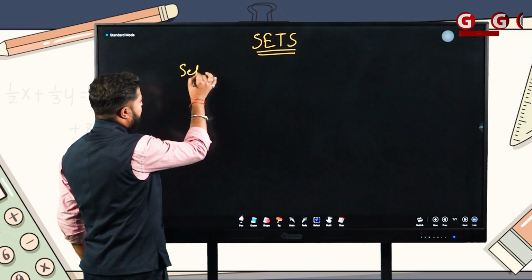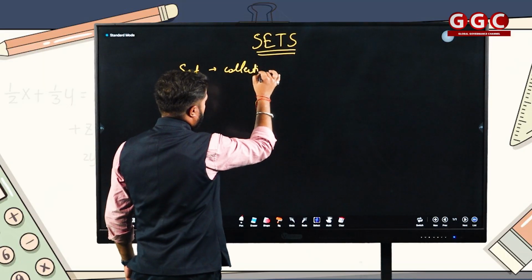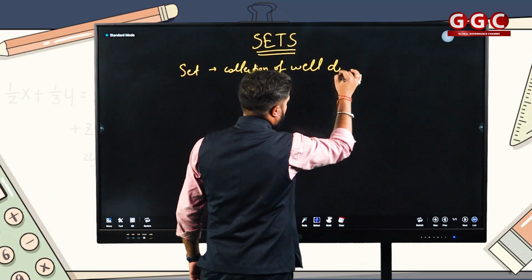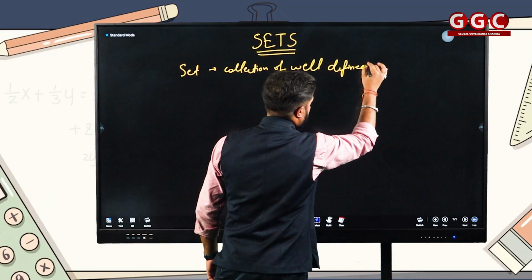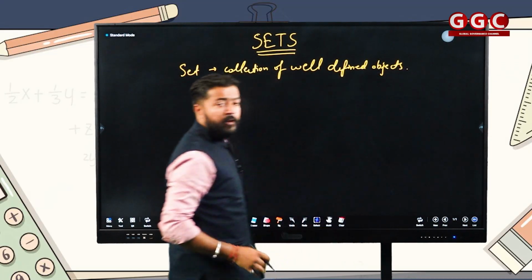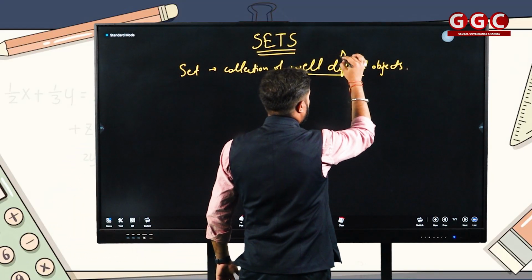Set is defined as collection of well-defined objects. Now here, the word well-defined is very important.